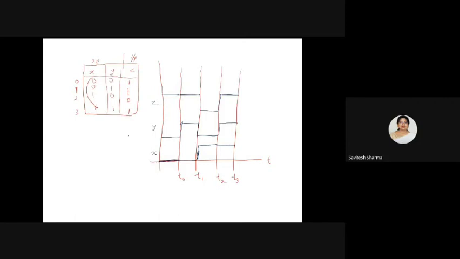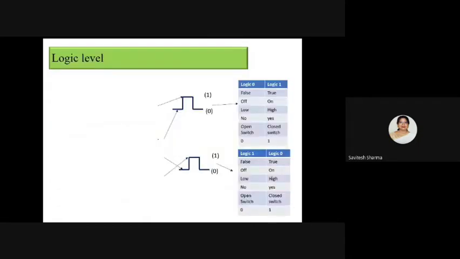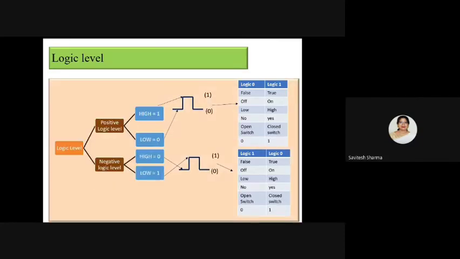Okay. So this is how you will represent your information of input and output variable in the timing diagram, in the graph. Next important thing is, whatever I was telling you, low logic or high logic, two possible logic levels are there.